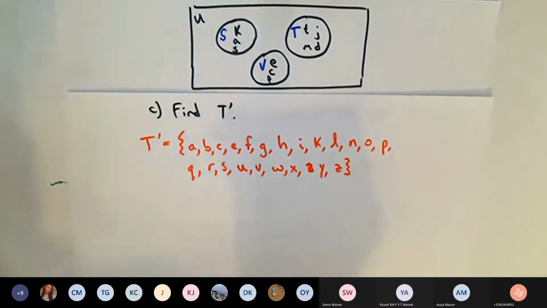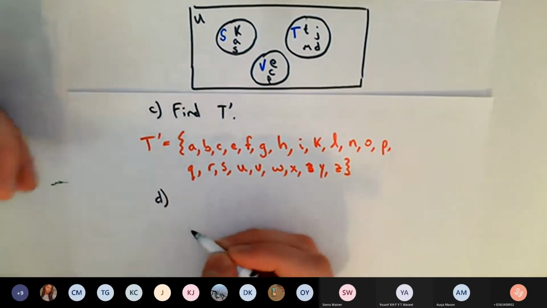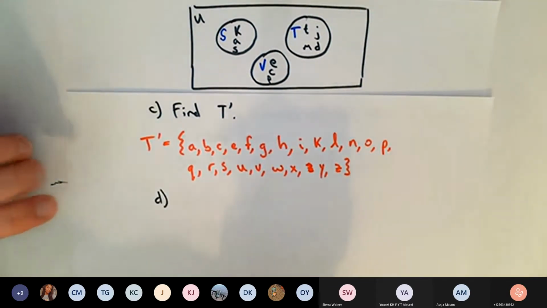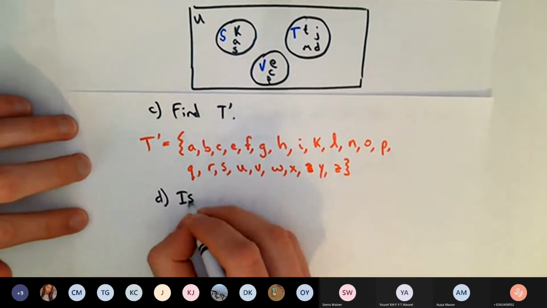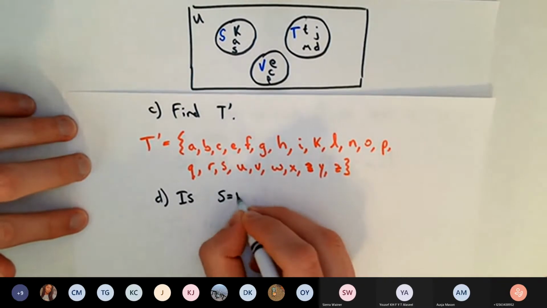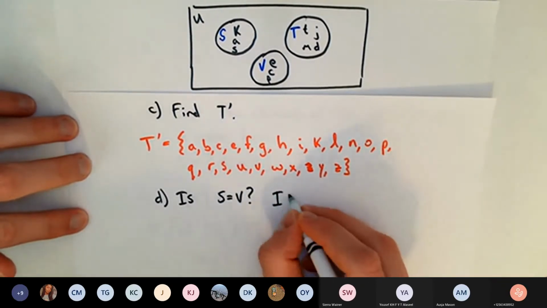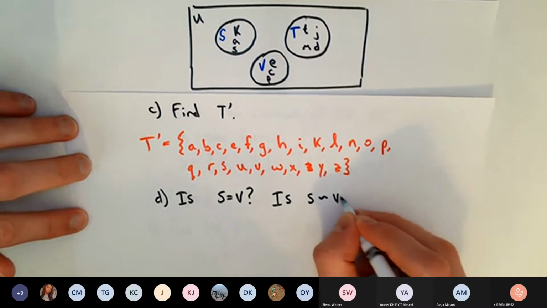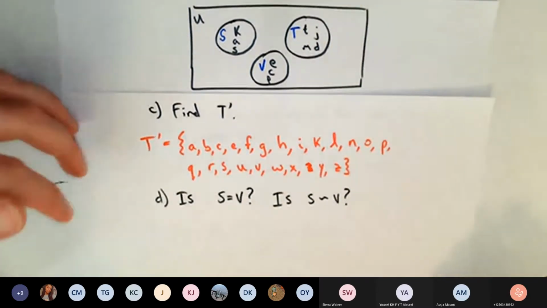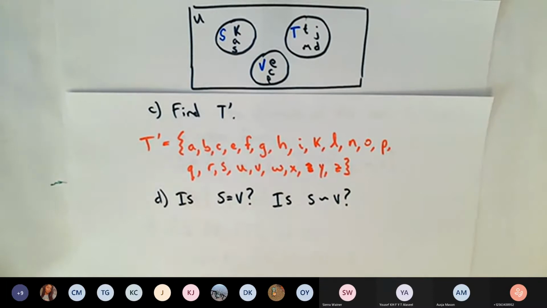Okay, and just as a review of those equality versus equal versus equivalent ideas, this last problem says, is S equal to V? Is S equivalent to V? Remember, those are 2 different ideas. So is S equal to V?